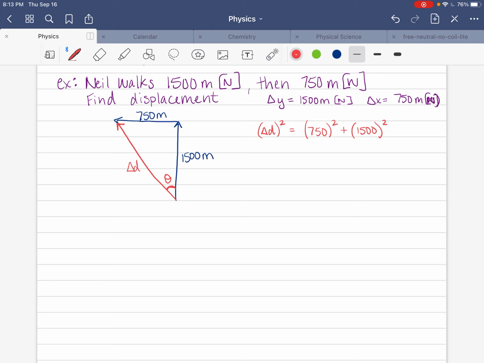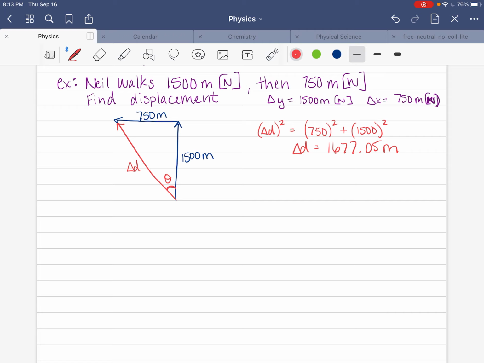I'll square 750, square 1,500, add those values together, and then take the square root to get delta D by itself. For delta D, I'm going to get 1677.05 meters. That's the magnitude of my displacement, but I still have to find the direction, so I need to find this angle theta.